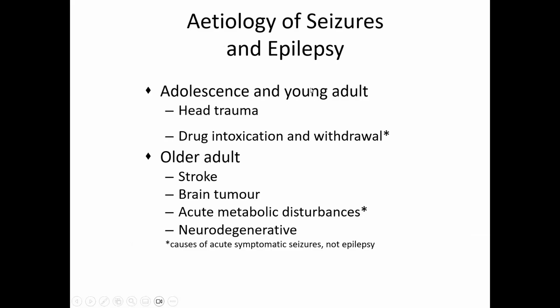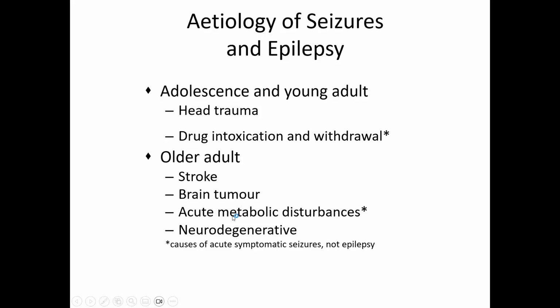Okay, so we'll look at the etiology of seizures and epilepsy. When it's an adolescent and young adult, think about head trauma and drug intoxication and withdrawal. In psych, we will come across alcohol withdrawal seizures and other substance-induced seizures. In adolescents and young adults, with road traffic accidents, falls or whatever, head trauma is also up on the list.